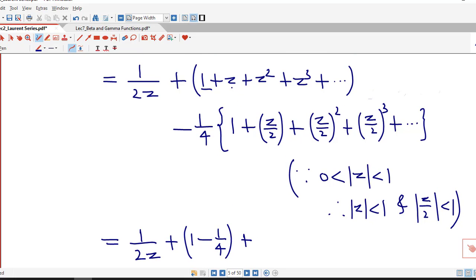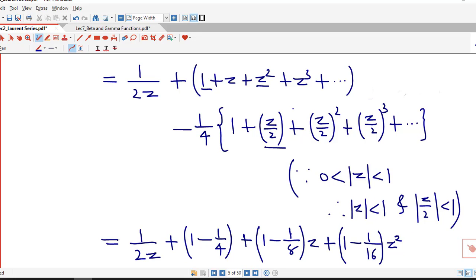Here power of z has coefficient 1, so it is 1, and if we consider this z by 2, so coefficient of z is minus 1 by 8, that is 1 minus 1 by 8 times z. Similarly, coefficients of z square, here it is 1, here we will have 1 by 4 and into minus 1 by 4, so coefficient will be minus 1 by 16, and so on.